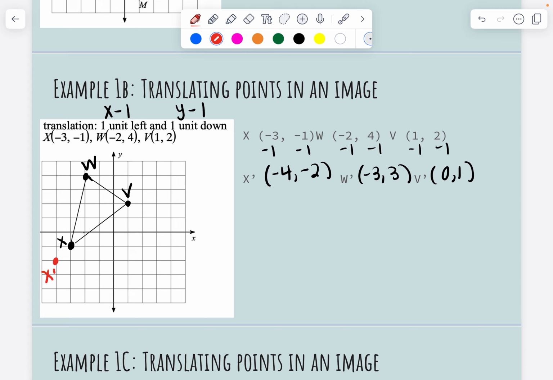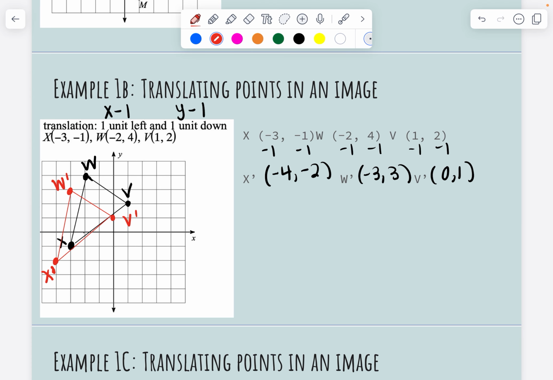So that's our X prime. W prime is (-3, 3). And V prime is (0, 1). So you can see our black shape, every point in our black shape has moved left 1 and down 1.